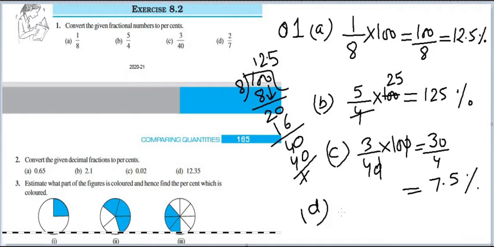Similarly, D part, if you want to convert into percentage, 2 upon 7 into 100, or 200 upon 7.